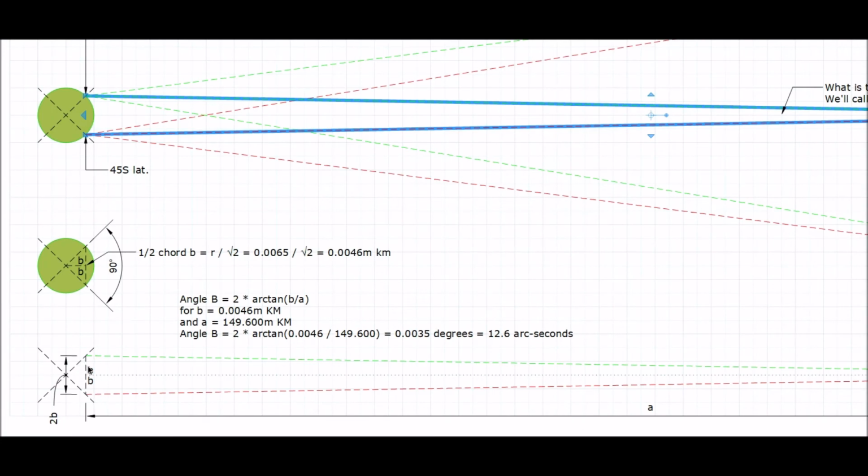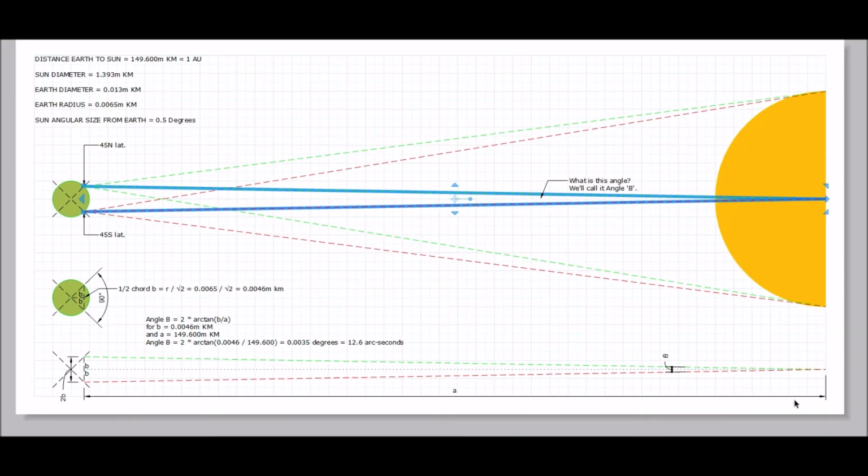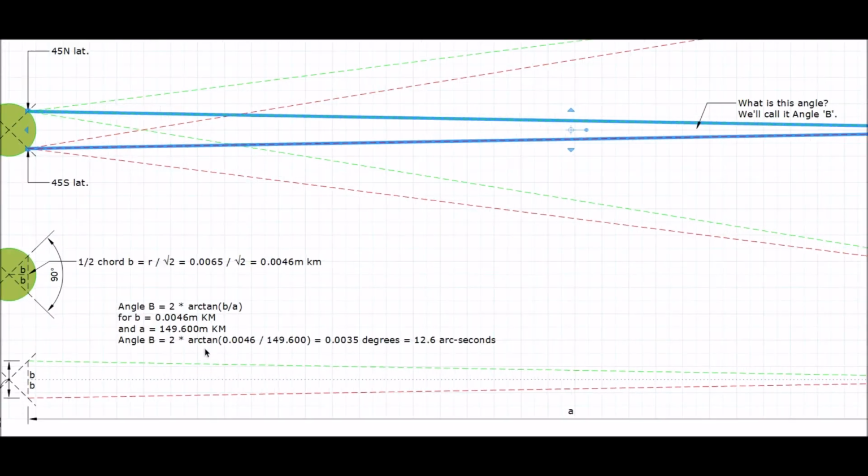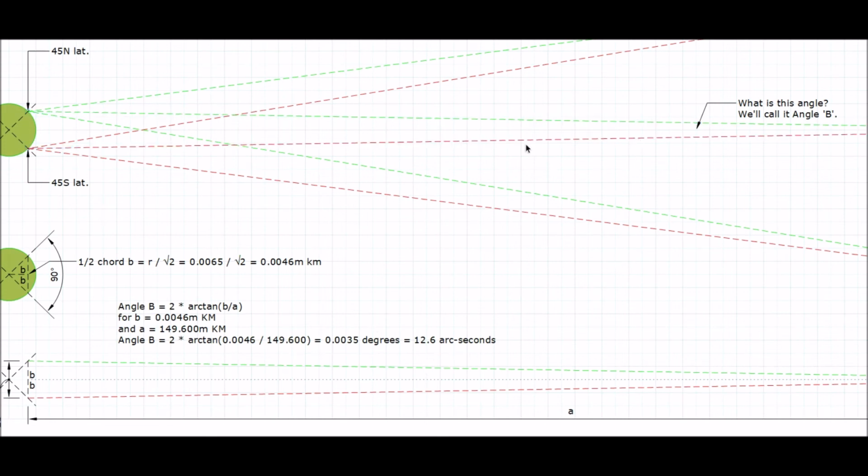I'm using our half chord length and our distance to the sun to get half the angle big B that we're interested in. Multiply that by 2, and we get our out of parallelness of the sun's rays for an observer at 45 north and an observer at 45 south as 12.6 arc seconds. So we're looking at 12.6 arc seconds out of parallel.